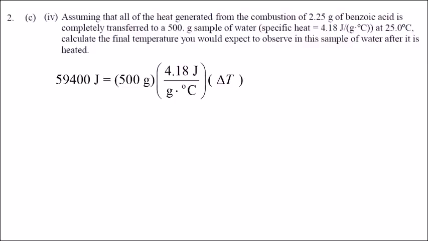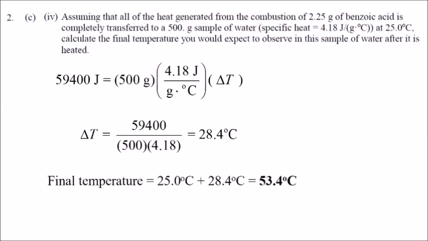So 500 grams of water, again, Q equals mc delta T. We have our specific heat capacity of water, and we don't know the delta T. So we'll solve for delta T, and we get 28.4 degrees Celsius. The final temperature would be 25 plus 28.4. The final temperature of the water, after it absorbs the 59.4 kilojoules of heat, is 53.4 degrees Celsius.